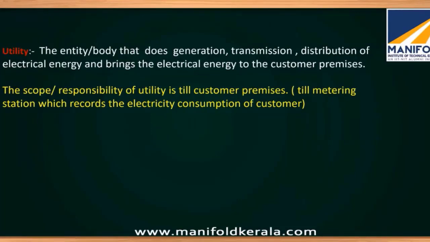Once the phase and neutral wire enters your energy meter, whatever happens after that is the responsibility of the customer. For every customer there will be a metering panel, and after the metering panel the scope and responsibility lie completely with the customer. If some electrical shock happens inside your house, it is the fault of the customer itself. Utility will not take any responsibility. But till that metering panel, whatever happens, it is the responsibility of the utility to rectify the issue.